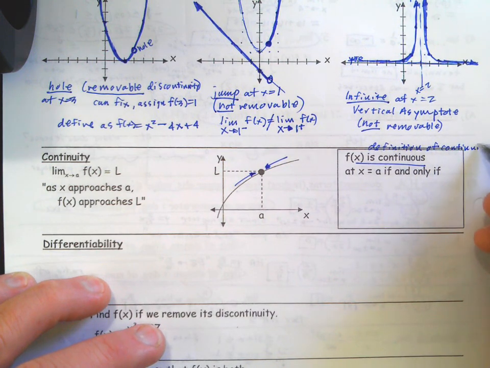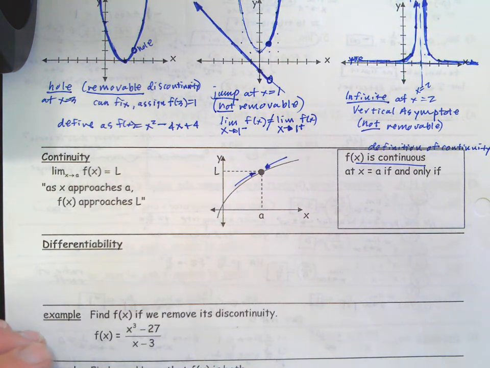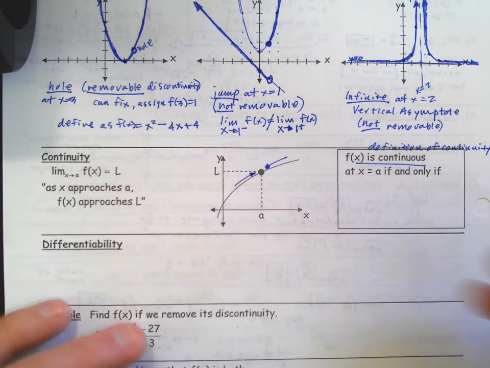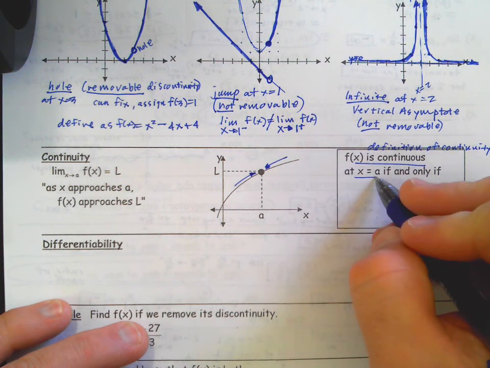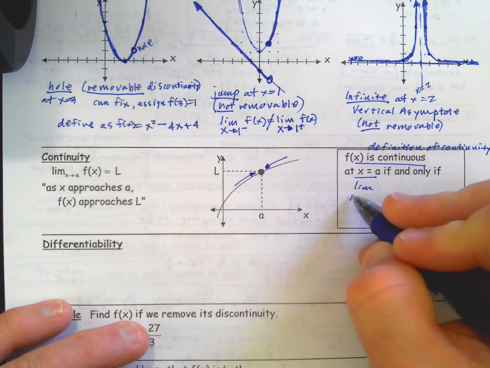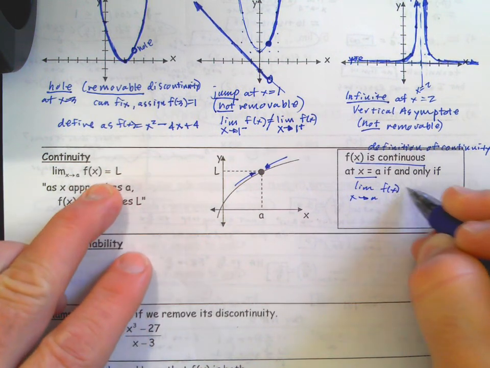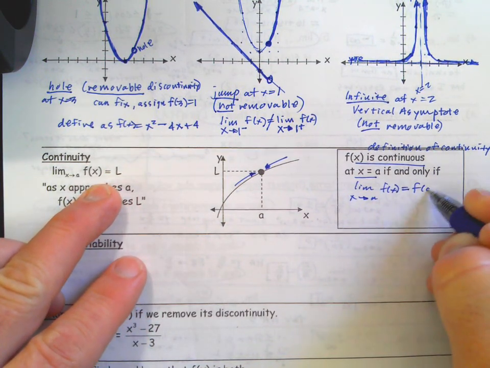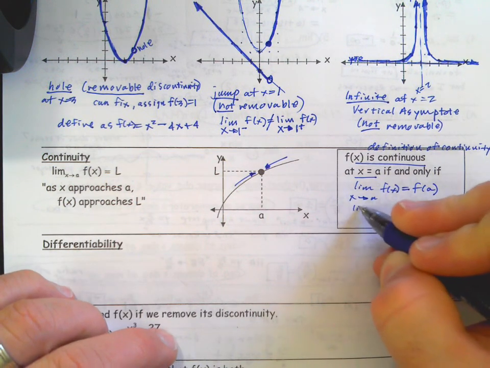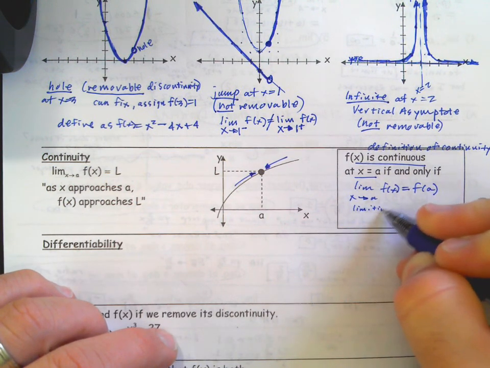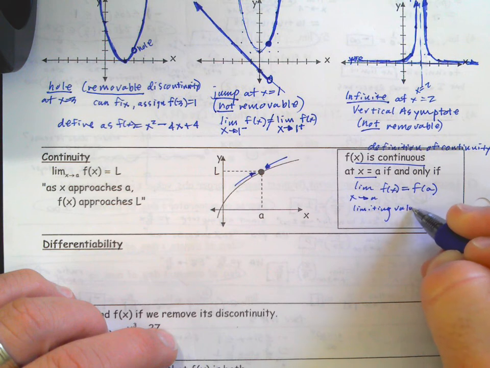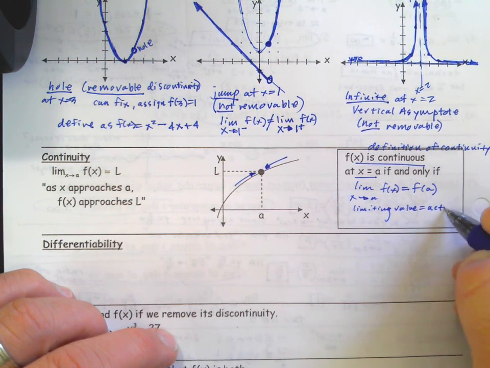So a graph is continuous at a point. It can be continuous at a lot of points and not continuous at others, but it's continuous at a point x equals a if the limit as x approaches a of f of x, which would equal some value, equals the actual value of the graph. So the limiting value equals the actual value.